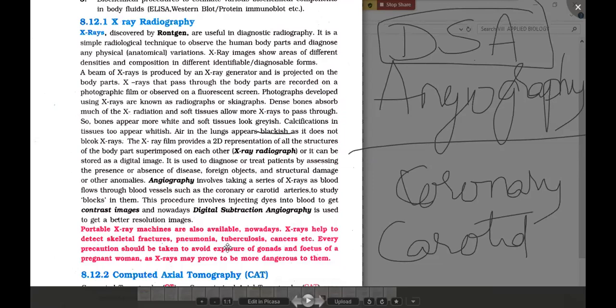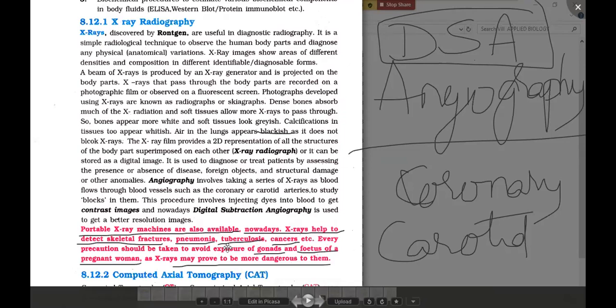Then portable X-ray machines are also available nowadays. X-rays help to detect skeletal fractures, pneumonia, tuberculosis, and cancers. Every precaution should be taken to avoid exposure of the gonads, the sensitive portions where the effect of radioactive rays can be seen, and the fetus of a pregnant woman, as X-rays may prove more dangerous to them.